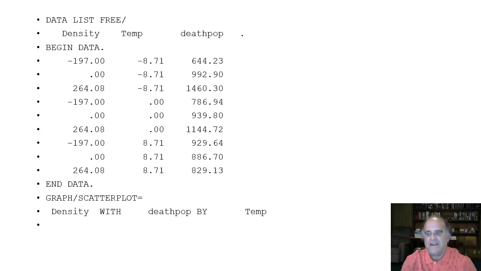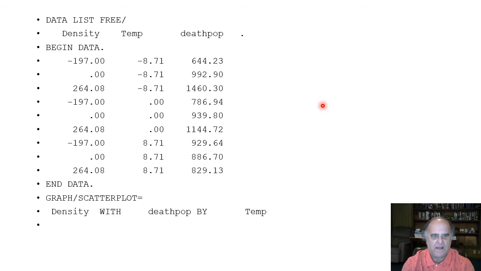Again, as did Field, PROCESS will actually give us this syntax that we can just load right into SPSS. These are the density values, the temperature values, and the predicted values for deaths per 100,000. I could also load these right into Excel.